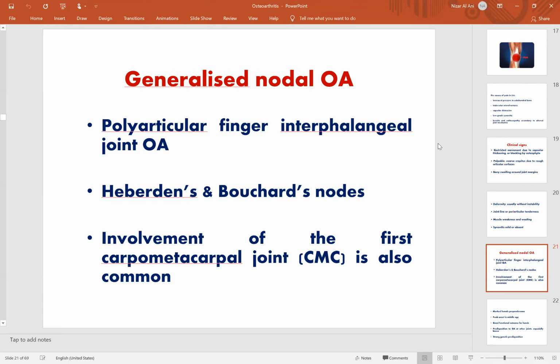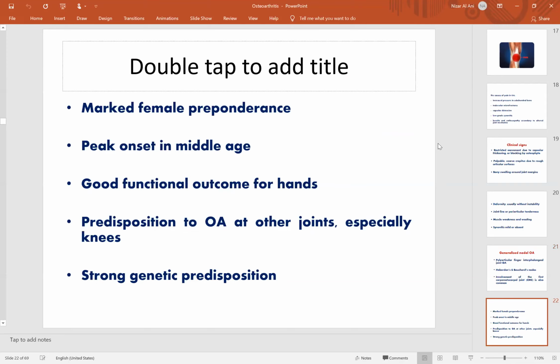There will be nodes. When the nodes occur in the distal interphalangeal joints, they are called Heberden's nodes, and the nodes developed in the proximal interphalangeal joints are Bouchard's nodes. Also, the carpometacarpal joints are commonly affected by this condition.